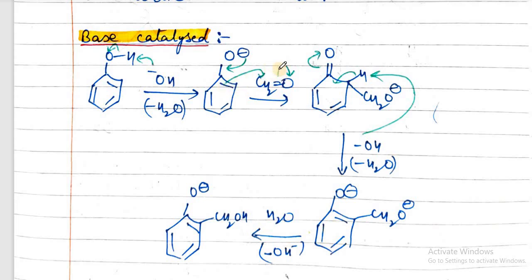That is, these electrons move to this, now will have positive charge, these electrons will form a bond with this and we will have CH2O negative, and this carbon already has hydrogen, it is shown here, and then this OH negative will abstract this hydrogen and its electron will move to the ring and these two oxygens, so it is O negative and this is CH2O negative as such. This hydrogen is removed with OH negative as water.